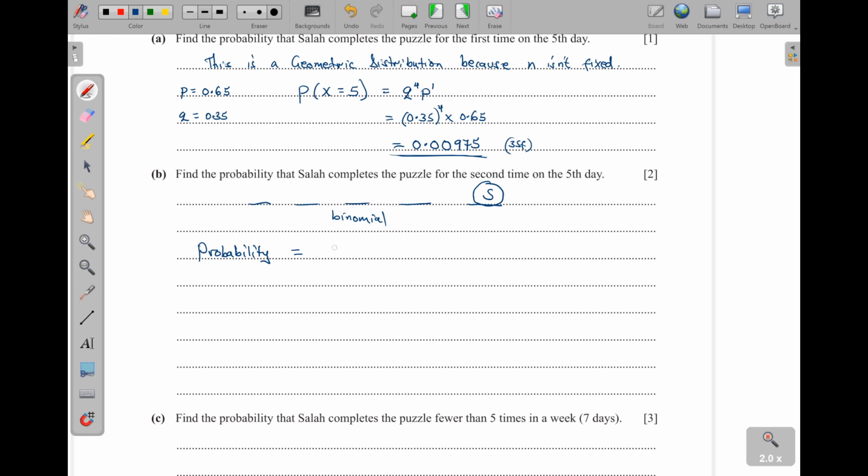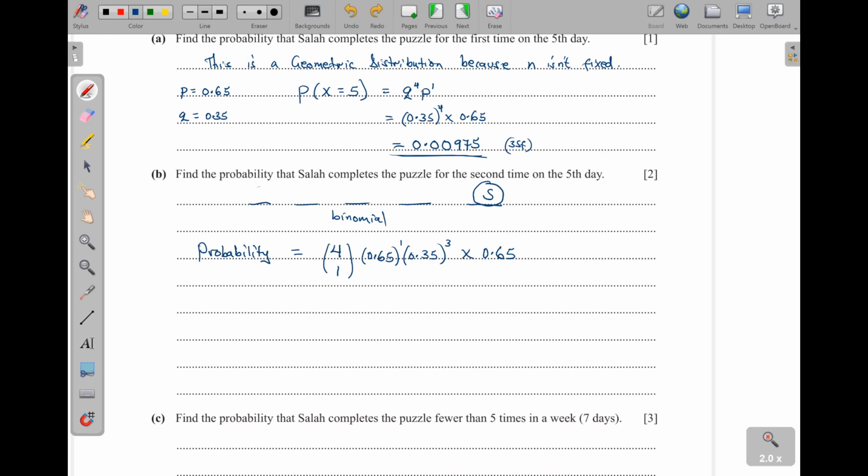Okay, so out of the 4 times the experiment is done here, only 1 is a success. The probability of a success is 0.65, then power 1. Then failing is 3 times, so I'll power this with the 3. But then I'll multiply by the 0.65 here. Okay, in other words, you can say there is winning once and then failing 3 times.